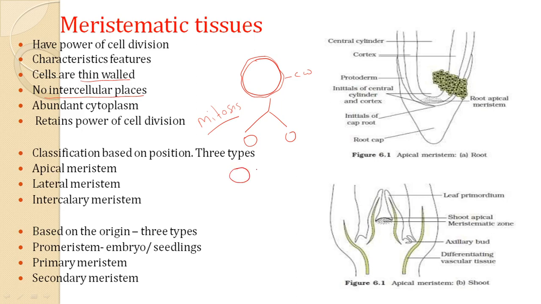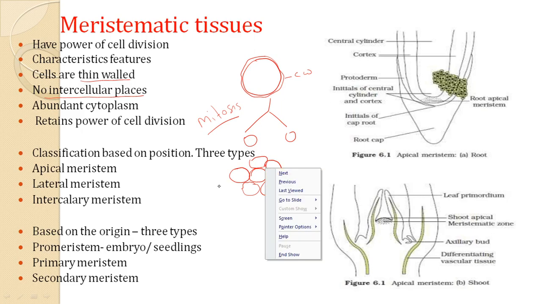Suppose the cell is spherical in shape. Let's suppose this is a cell, and look at this, this is another cell. You can find some space in between these cells.